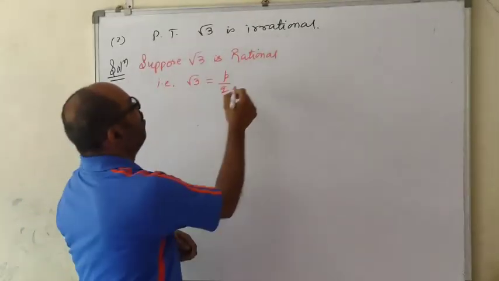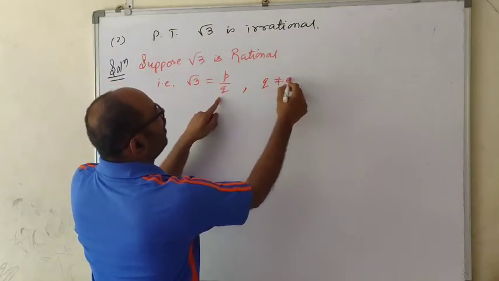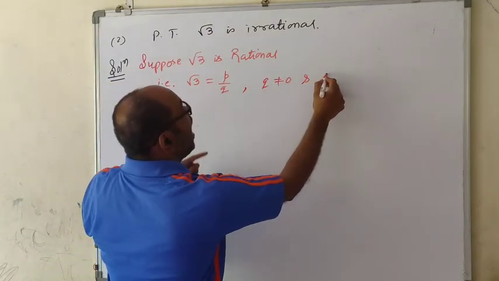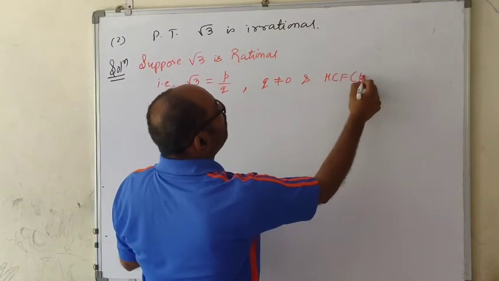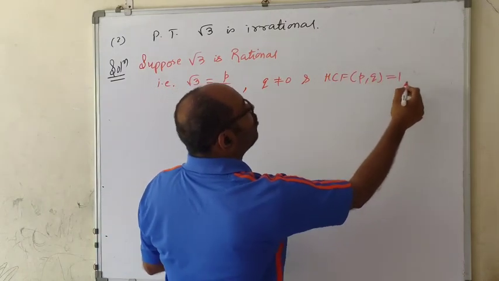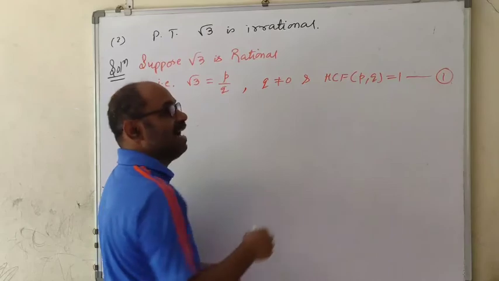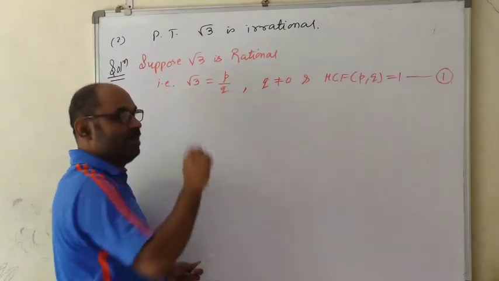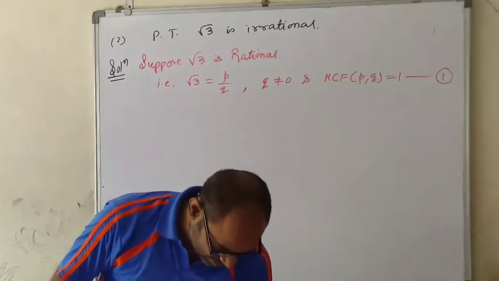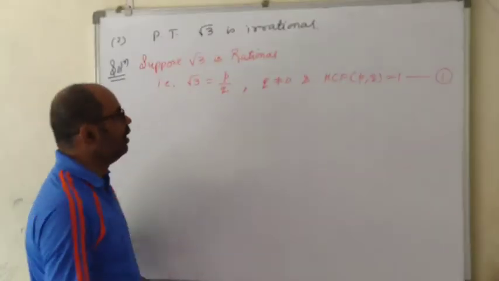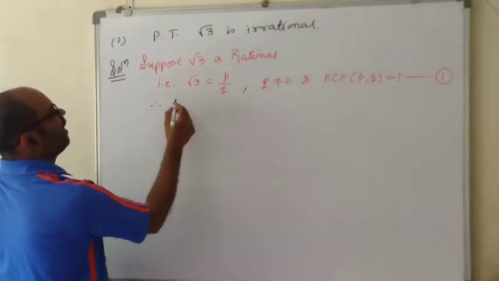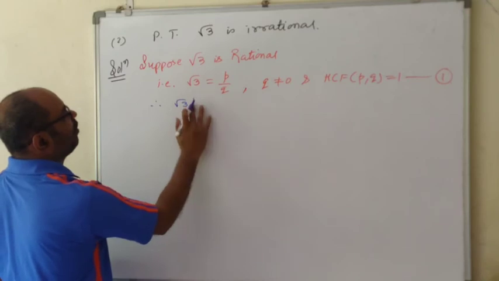My choice. Where q is not equal to 0 and the HCF of p and q is equal to 1. And this is result 1. This is the truth: p and q we have taken are co-primes. Their HCF is 1.